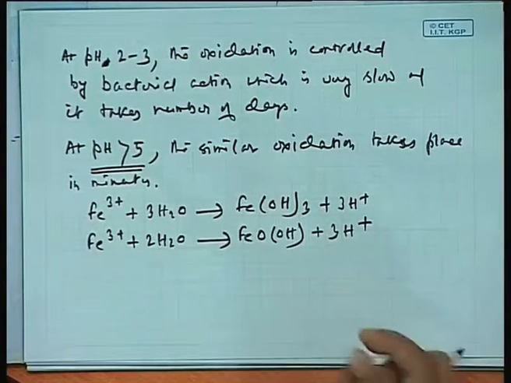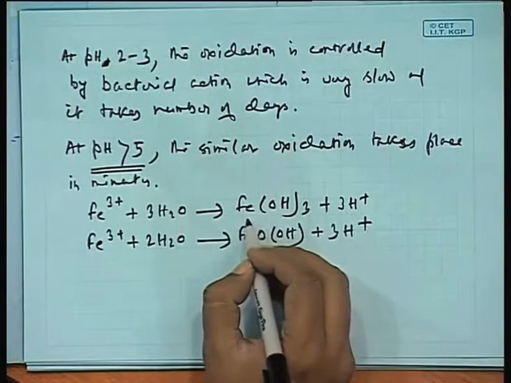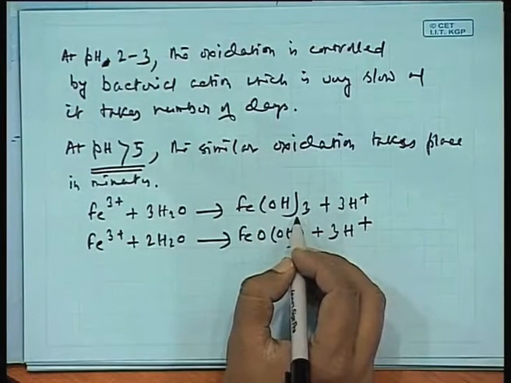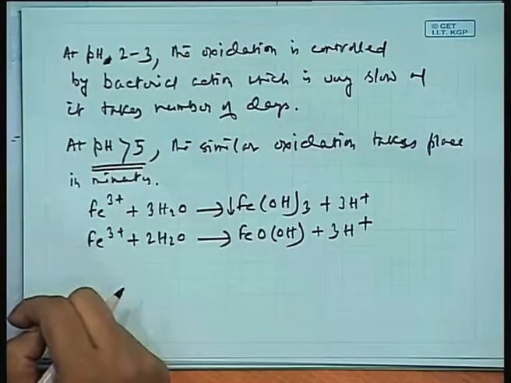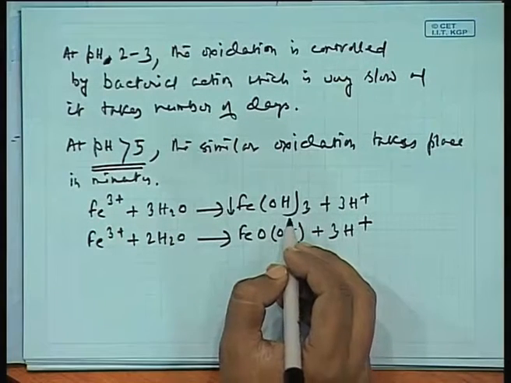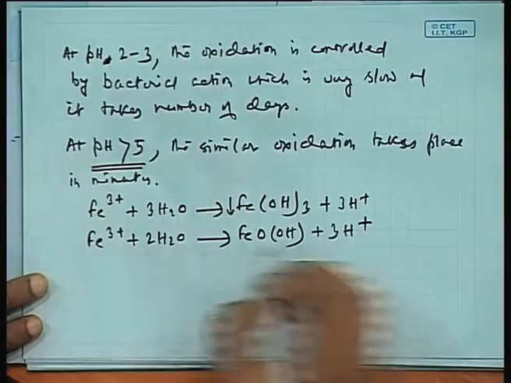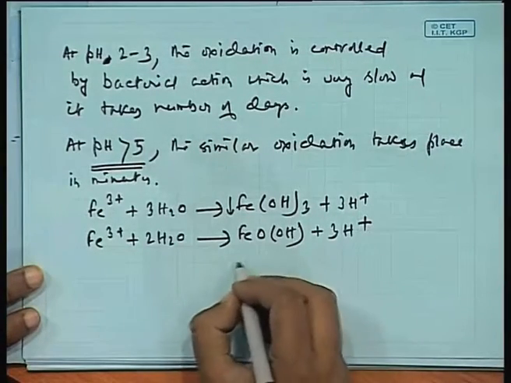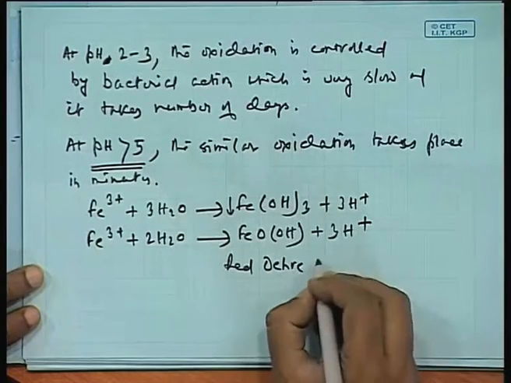What is interesting here is that ferric hydroxide is feebly soluble in water, so it would begin to precipitate. This ferric hydroxide precipitation would take place, and it is the red ochre precipitation.